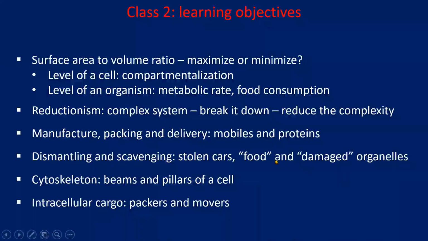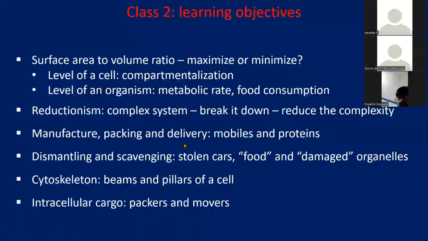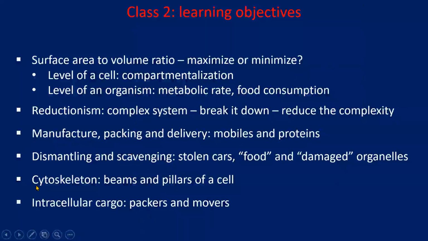Those help to digest food and damaged organelles. Then, in order to support the cell structure, we have a very specialized organelle called the cytoskeleton, and because of that the cell can take its structure.